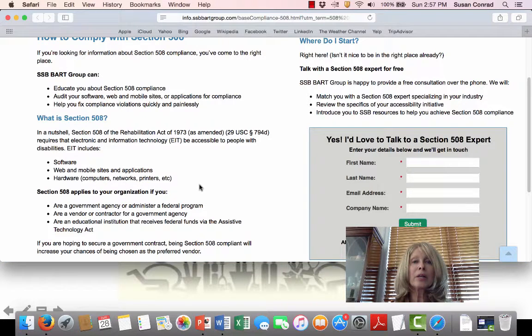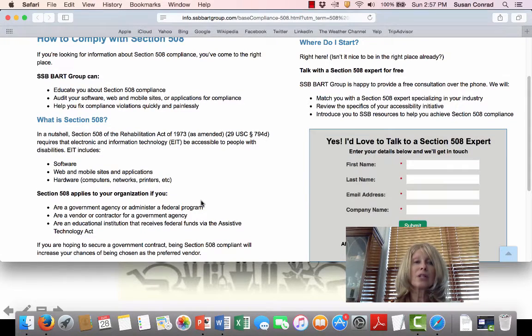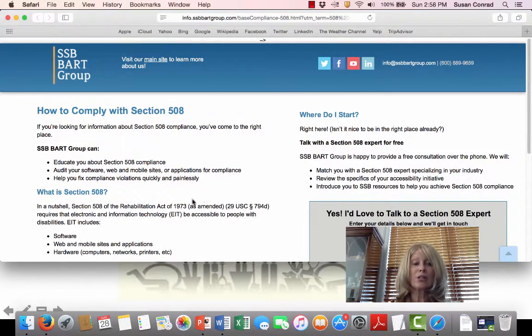We have a growing number of seniors, and if you're a marketer, you want to attract those seniors to your sites if you're selling things, because they often have more disposable income. So it's being able to address the issues that impact others so that they can enjoy your site.